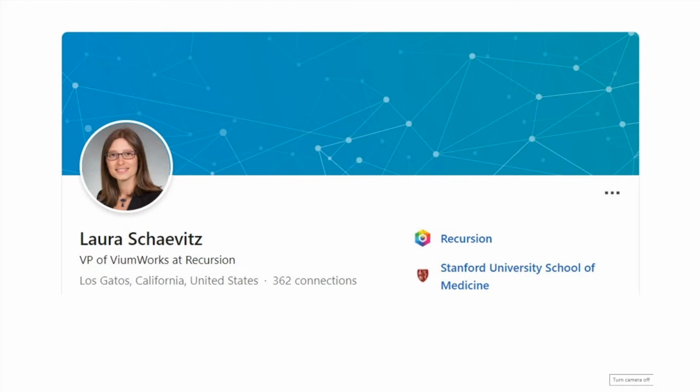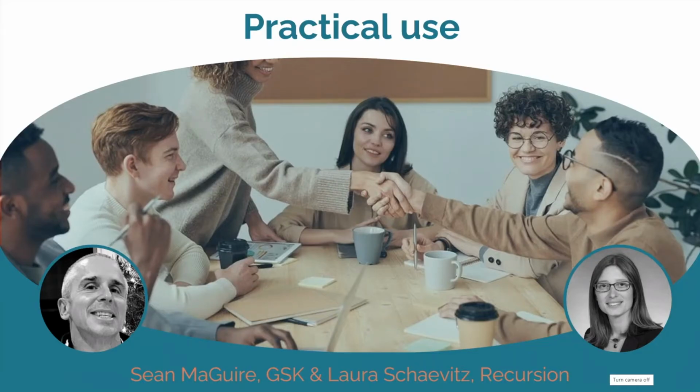Vium was acquired by Recursion, which is where I am now, where we're using these types of technologies on a regular basis in our own drug discovery pipelines. So what I'll share with you today, along with Sean, is some of our thoughts around practical use of these types of technologies, and figuring out some of the questions that we can answer with these technologies.